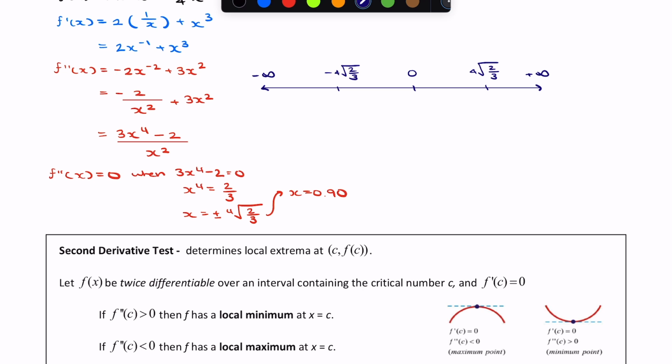For a value less than negative fourth root 2 over 3, something like negative 1, we sub negative 1 into the equation.